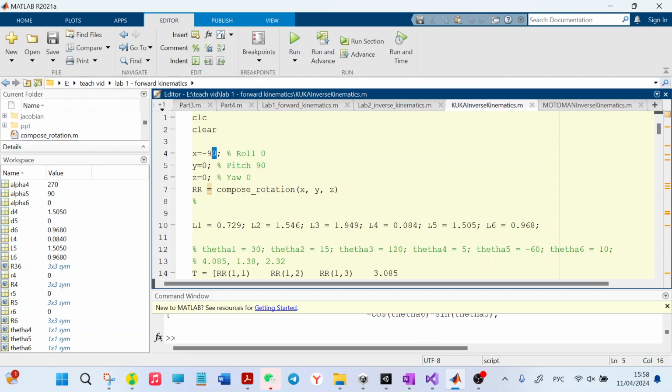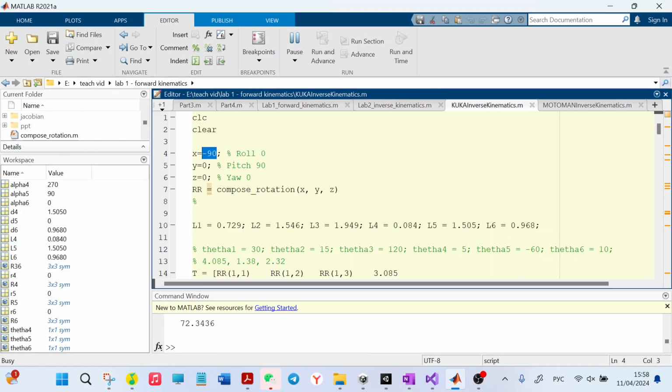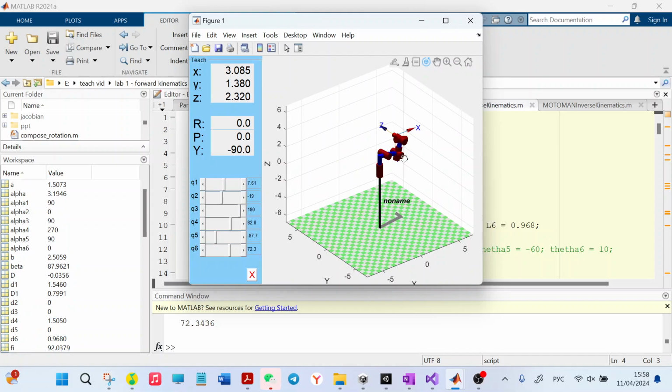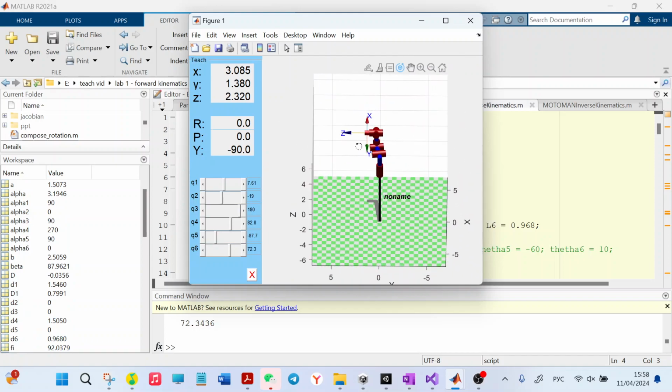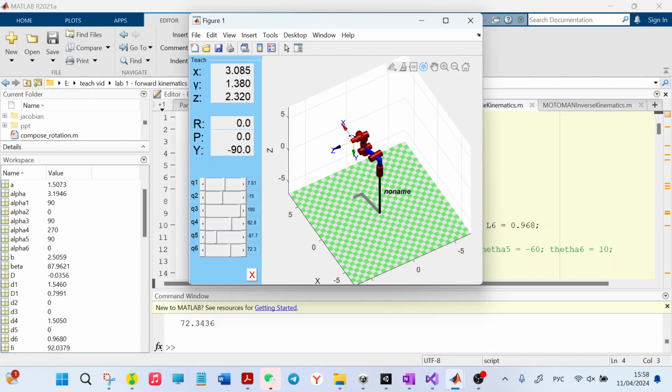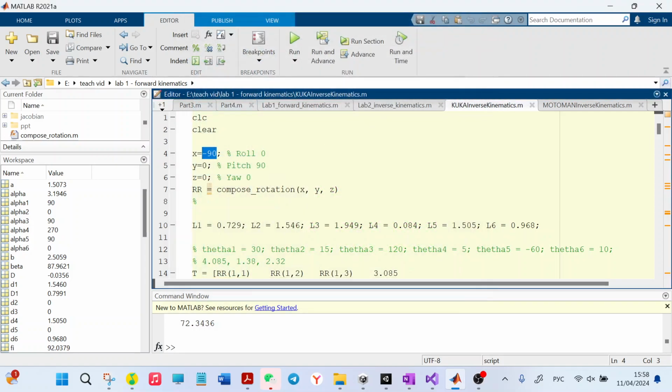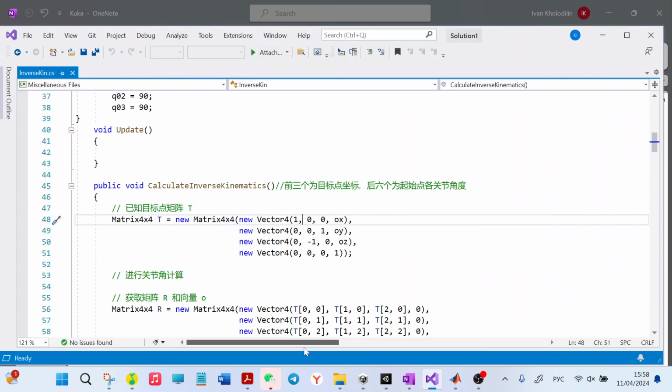This configuration means that x is equal to minus 90, so the gripper rotates this way and we will drill forward. So y equals 0, z equals 0, and x we rotate minus 90 degrees.